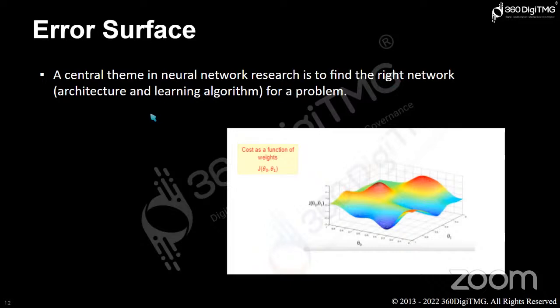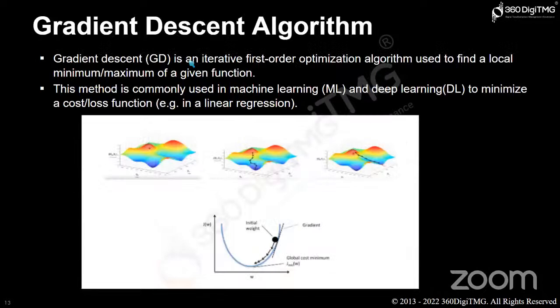This right network includes the right architecture and also the right learning algorithm. Now in this, we have the gradient descent algorithm, which is an iterative first order optimization algorithm used to find a local minimum or local maximum.